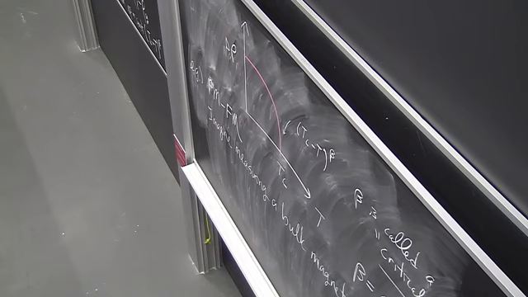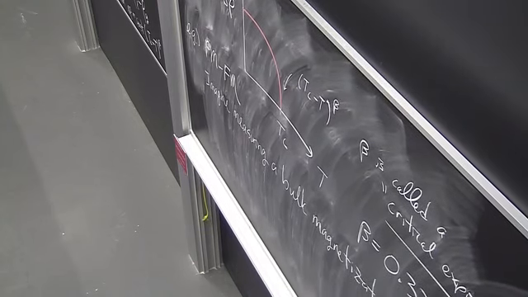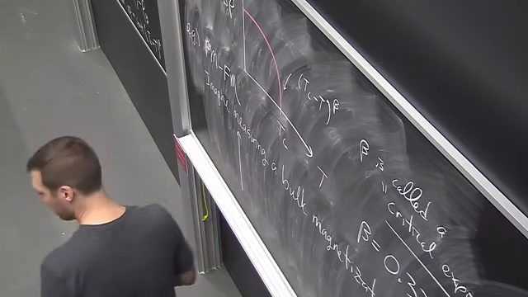Let me just call it M. If you're an experimentalist, you know how this is measured. This magnetization is the order parameter because it's 0 above some transition and non-zero below it.